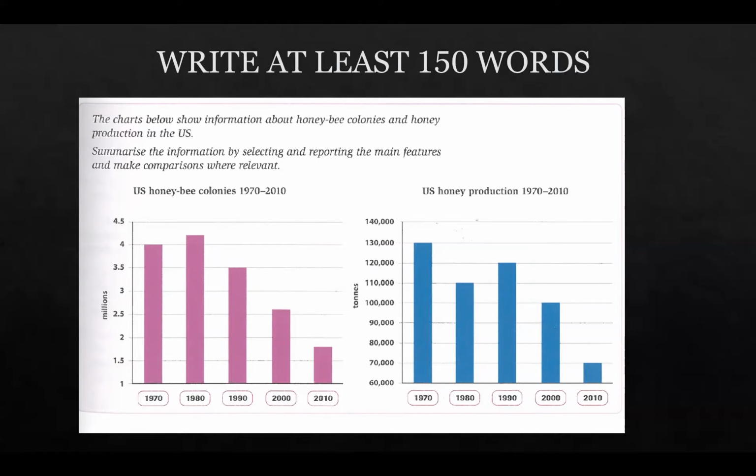Summarize the information by selecting and reporting the main features and make comparisons where relevant. So in this case, you have to write 150 words. And you can see here, the colonies go up, go down, go down, go down. Significantly decline.